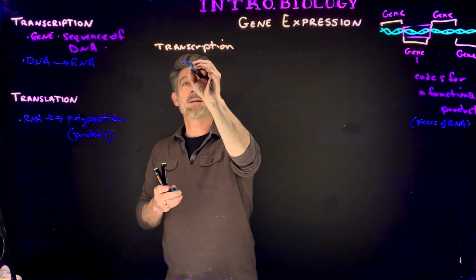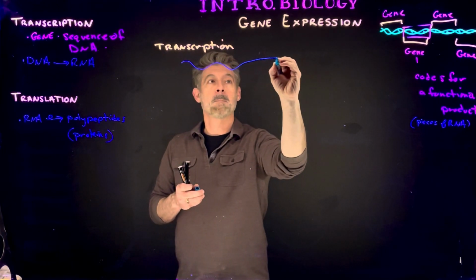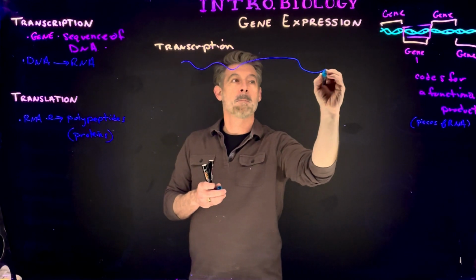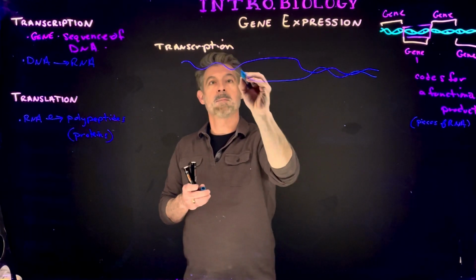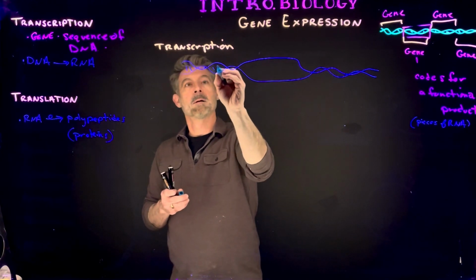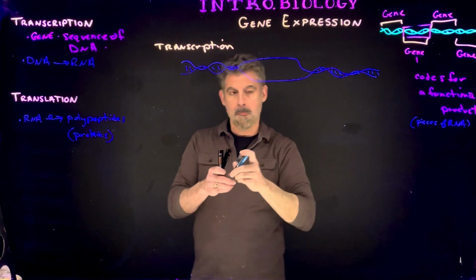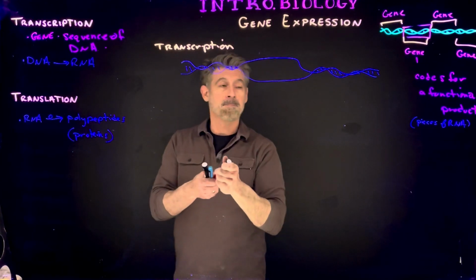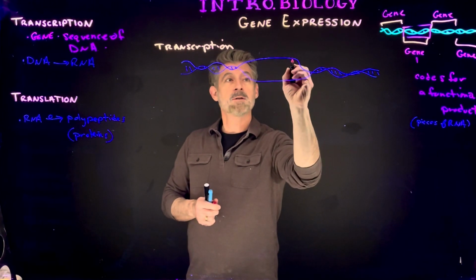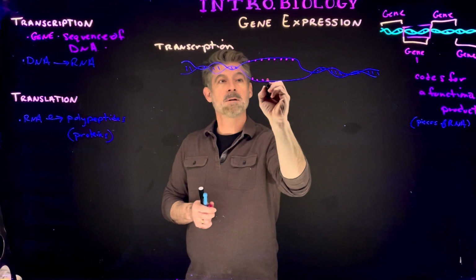And what's going to happen is the DNA, all right, there we go. Looks a little bit like DNA replication, right? So these two strands of DNA are going to be pulled apart, right, in this region here.